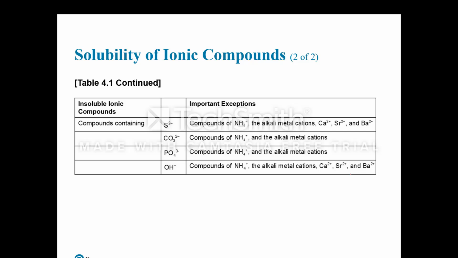So ammonium hydroxide is soluble, sodium hydroxide is soluble, potassium hydroxide is soluble, and the calcium hydroxide, strontium hydroxide, and barium hydroxide are also soluble. So in remembering these rules, try to recall the soluble cations and their exceptions, and the insoluble anions and their exceptions.